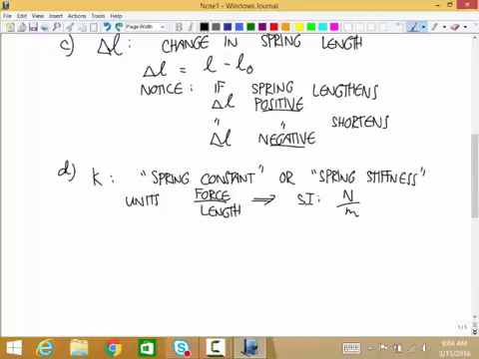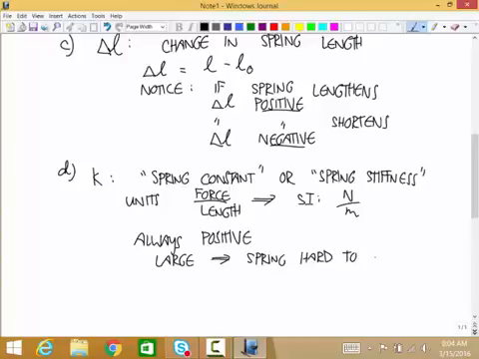This spring constant is always positive. A large value means that the spring is really stiff. It's hard to deform. And a small value means that it's easy to deform.